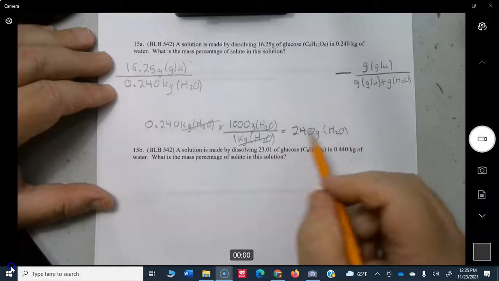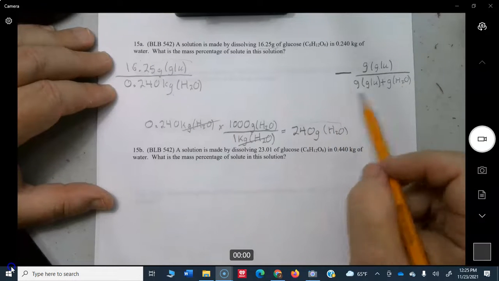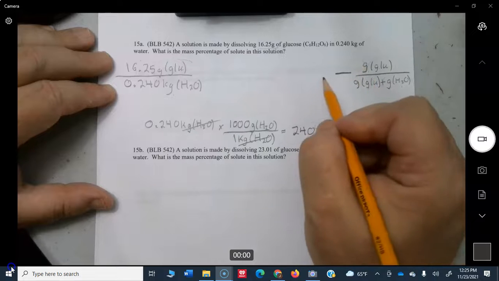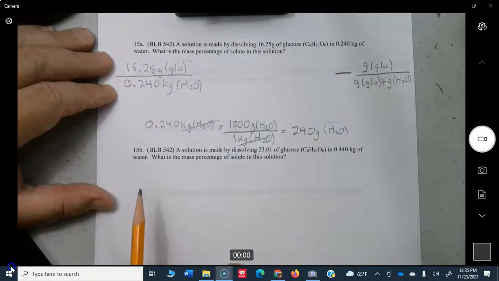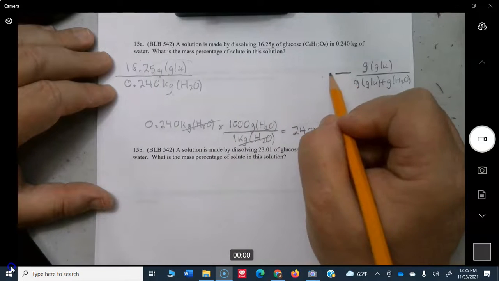So now we have everything we need. We have grams of H2O, grams of glucose, grams of glucose. So what I'm going to just do is combine those. We're really not writing an equation across here this time. We're just going to go ahead and combine these.